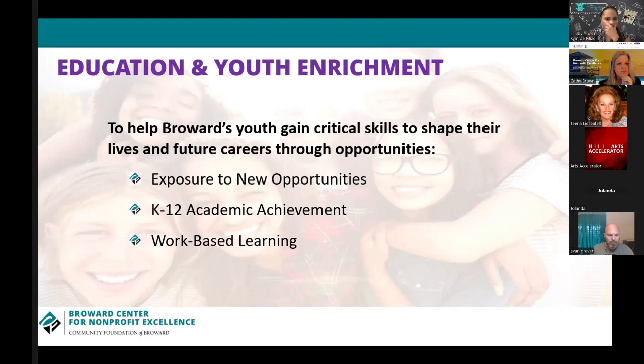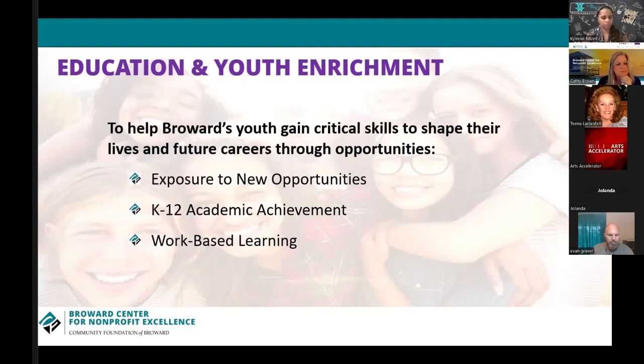Whether they decide, oh, I want to become a firefighter, or I want to go to college, I want to go on some college tours, or I want to learn a little bit more about marine biology because we took a trip to the ocean, things like that.